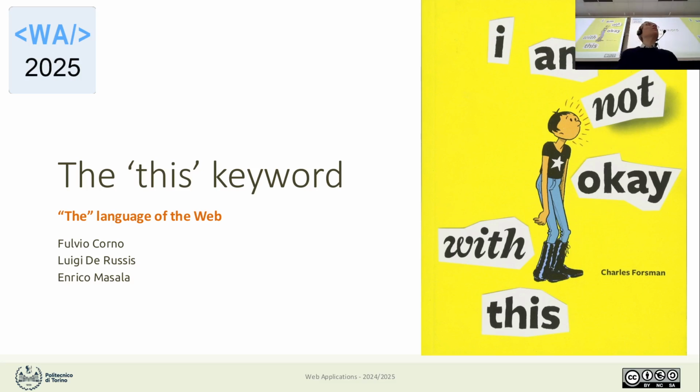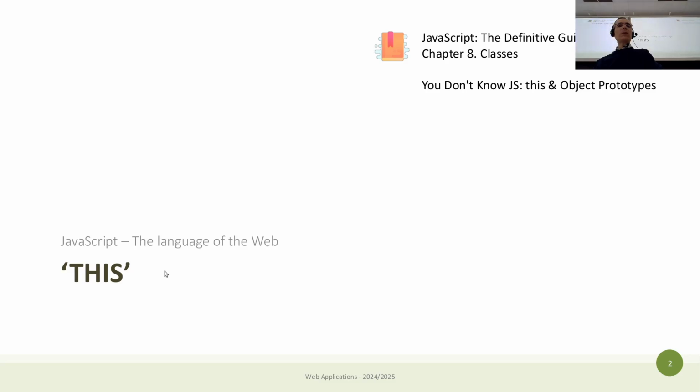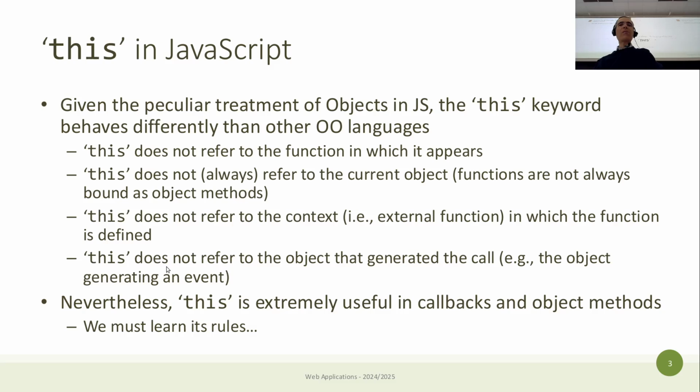We already saw this keyword because we talked about constructor functions, and you used this keyword with my colleague Antonio during the example. You constructed basically a sort of a class, where you have a constructor function, and then you can initialize properties of an object and so on. So it is worth spending some more words about this in JavaScript because it behaves quite differently from other object-oriented programming languages.